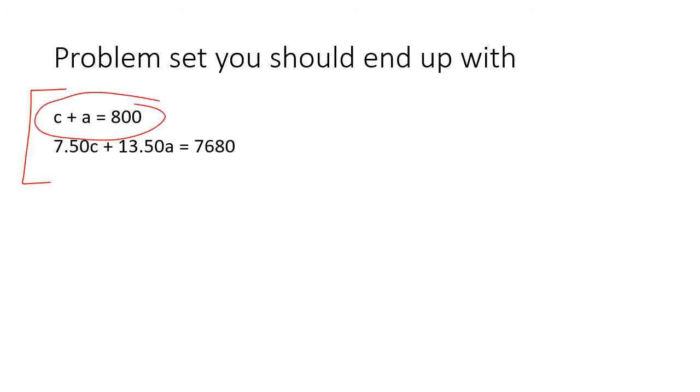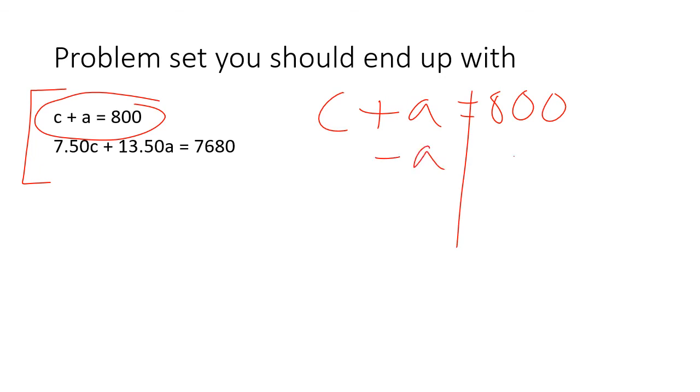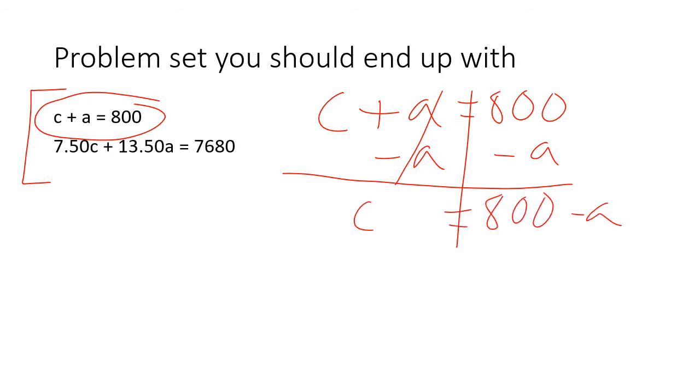I can get C alone by subtracting A, because A has been added to C. And if I do that, C is equal to 800 minus A. So now that I have something that's equal to C, I can plug it into this part of the equation here.